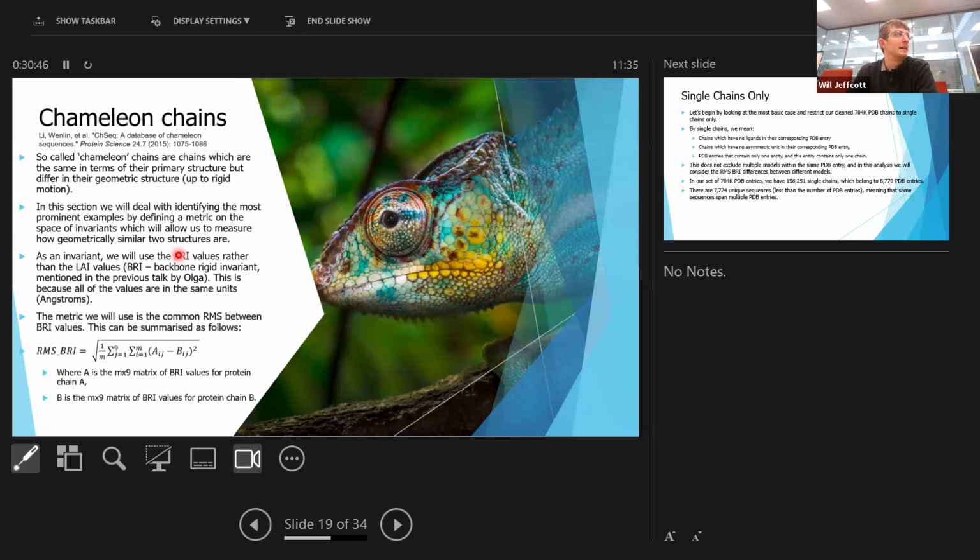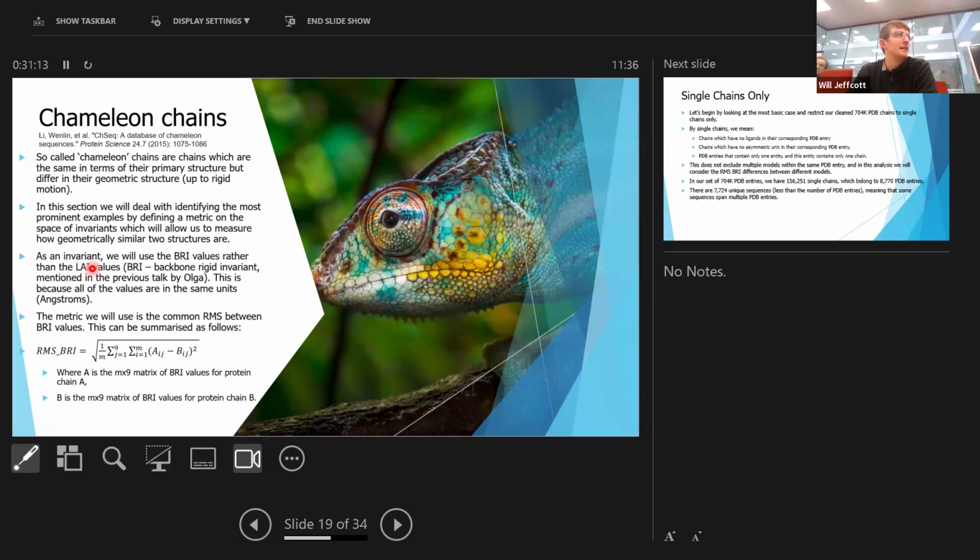This is what Olga previously mentioned in her talk. As the invariant for this bit, we'll use the backbone rigid invariant, BRI values, rather than the LAI values. This is for the reason previously mentioned by Olga: for the LAI, we've got angles and lengths, so they're not as compatible units.